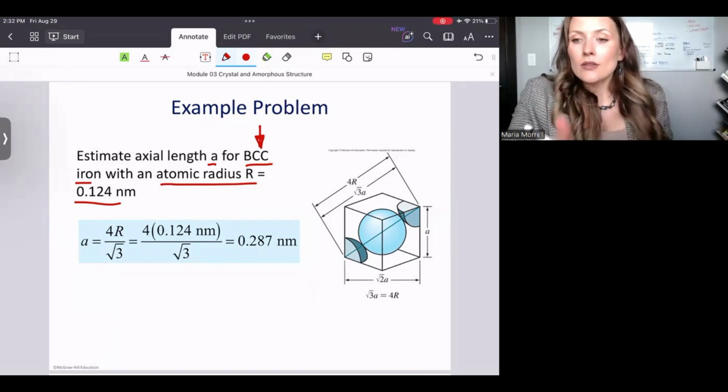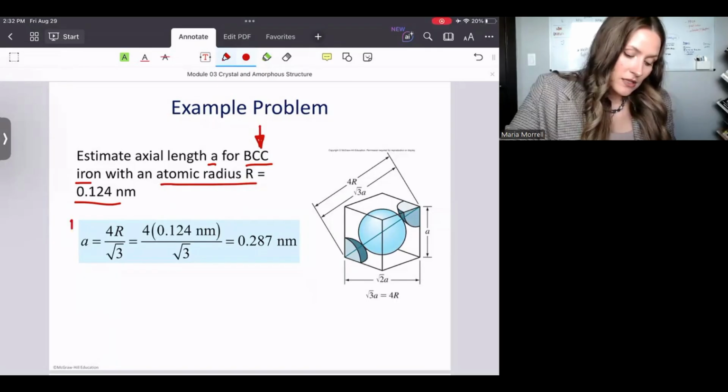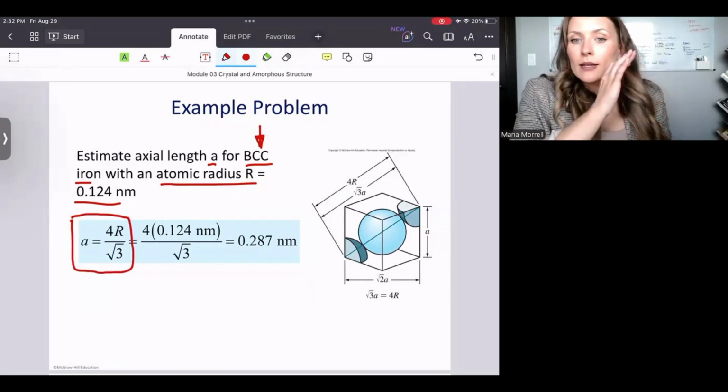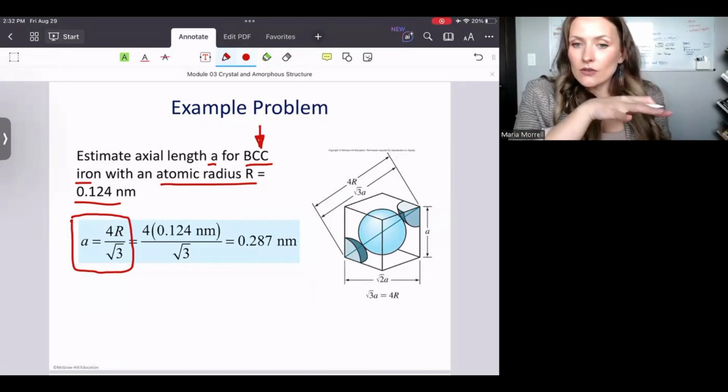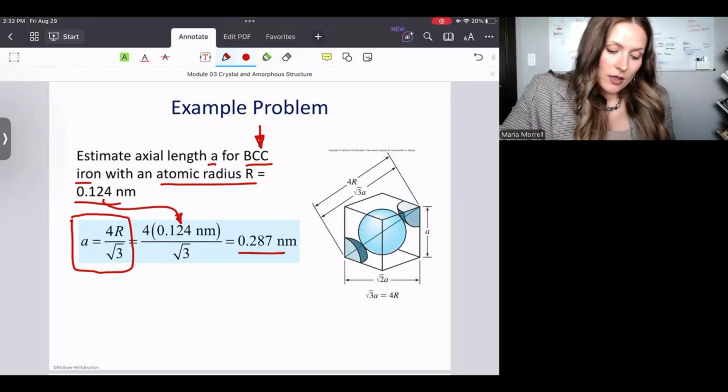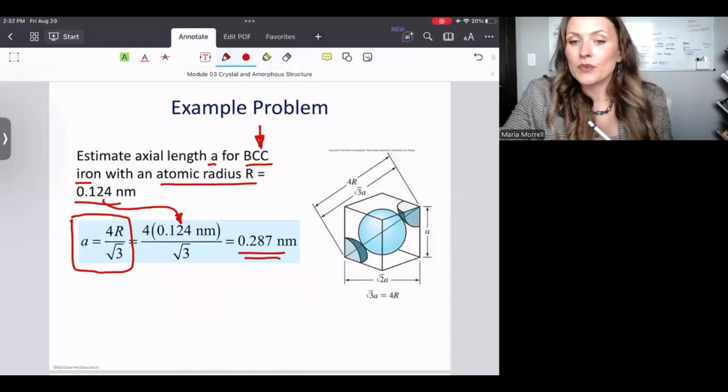In this particular case, we're given BCC from the previous slide. I know that I have this relationship between my axial length and the radius. So last thing I'm going to do is I'm going to use this formula and I'm going to plug in the radius and I'm going to end up with this number, exceptionally small, right?